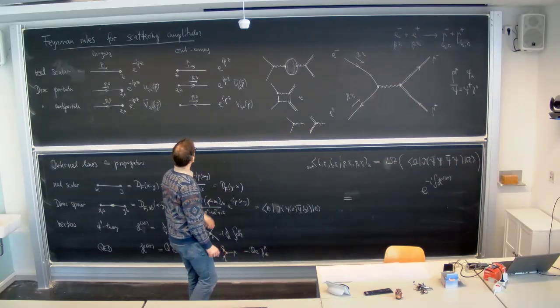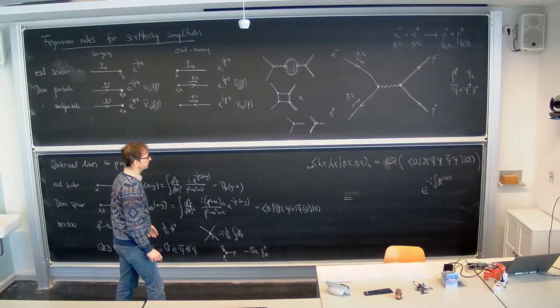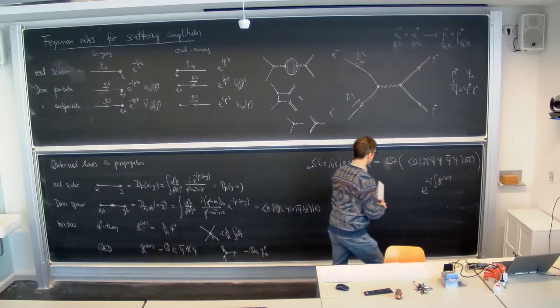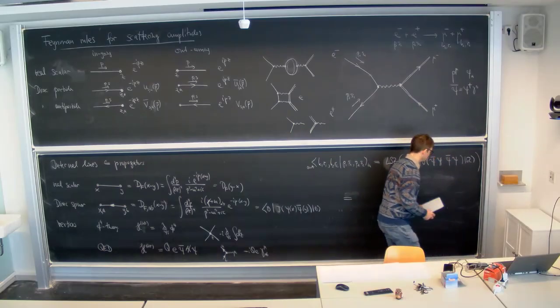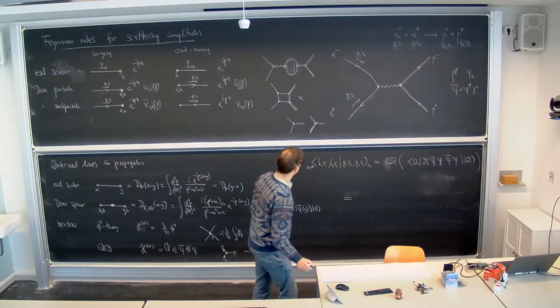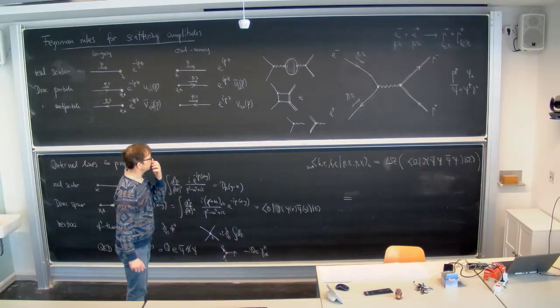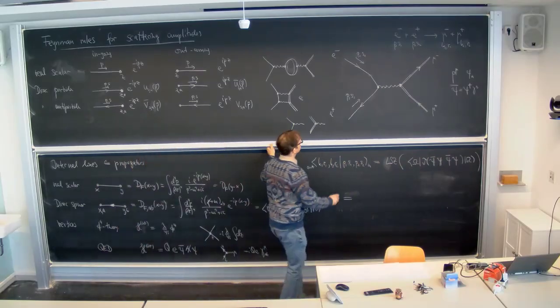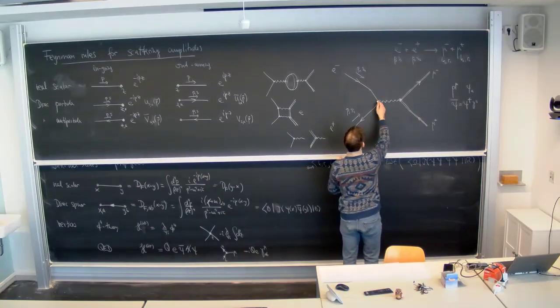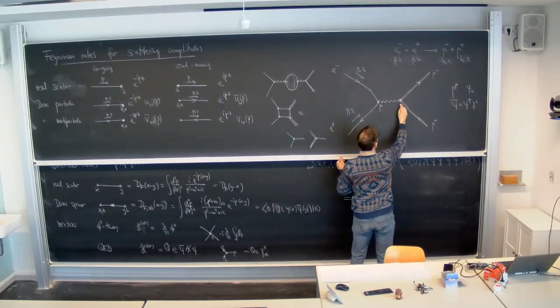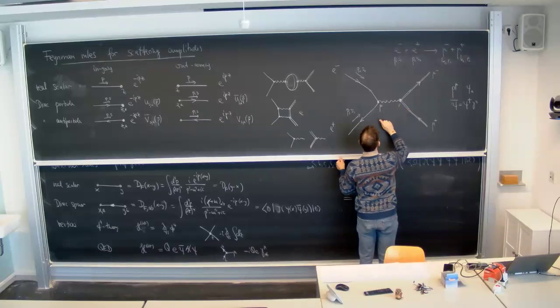And now, I guess I have to write this, right? Now there's a little bit of a, let's say this is the electron part, and this is the muon part.